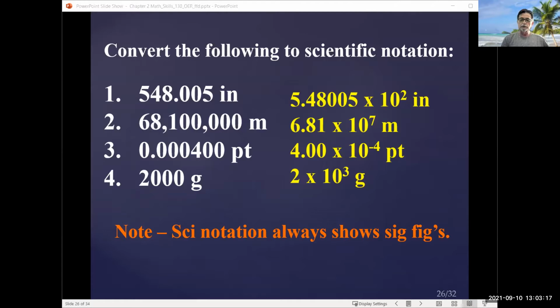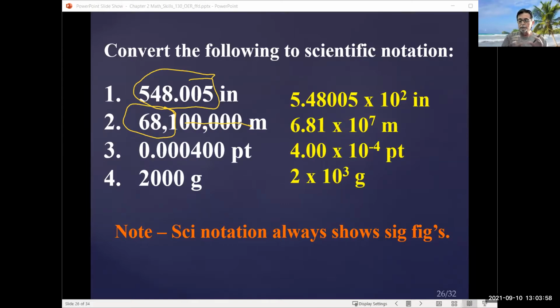Okay, and so, refresh your memory on determining what is significant and what numbers are not significant. So we got 6 significant digits. We're number 1. Number 2, we have 3. The zeros are significant with respect to value, obviously, but they're not significant with respect to accuracy in your number.